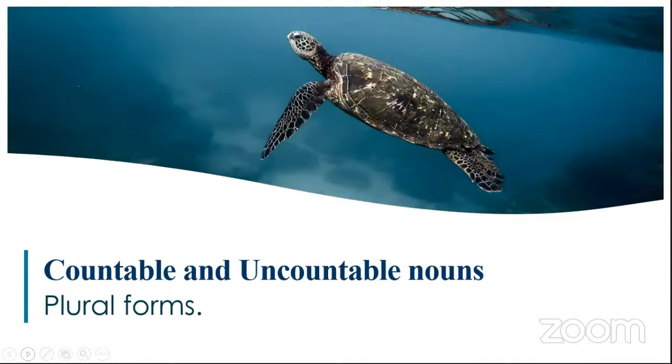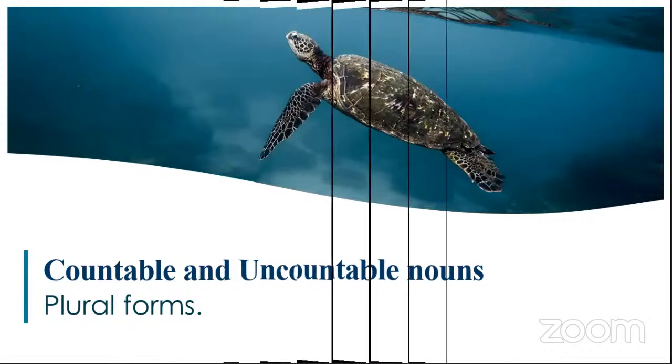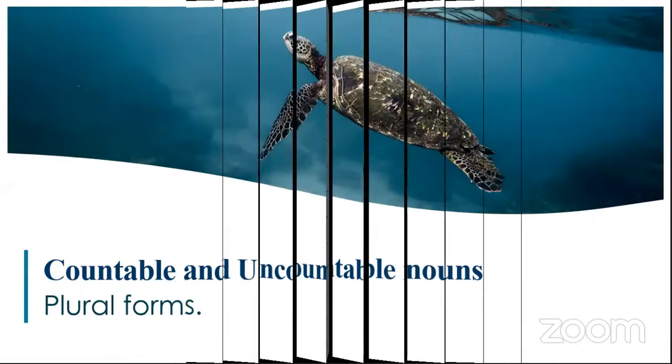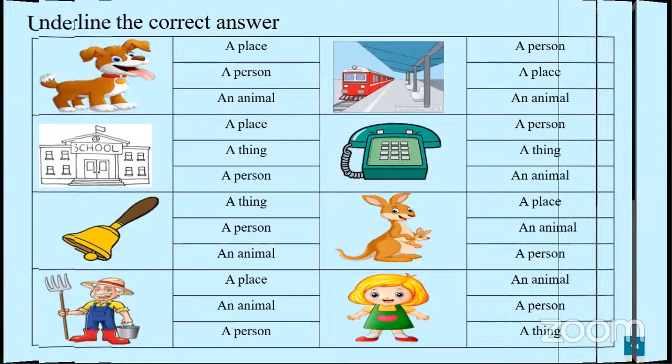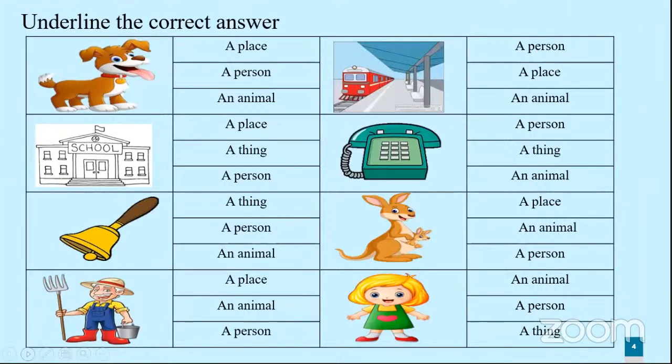Right, before we start the lesson, let's do a small activity to remind our knowledge about nouns. Please do this activity quickly. Here you can see some pictures and some words.